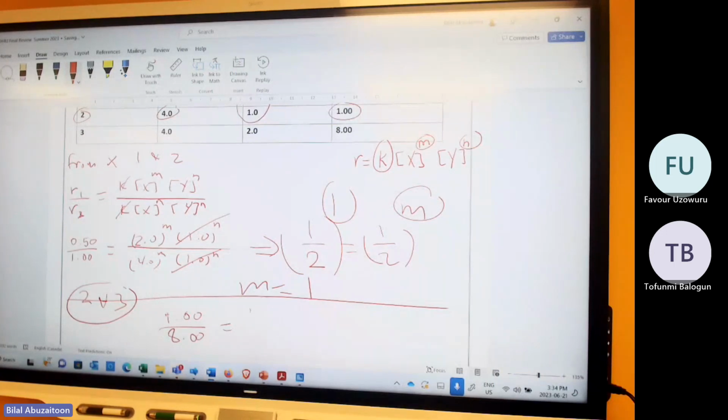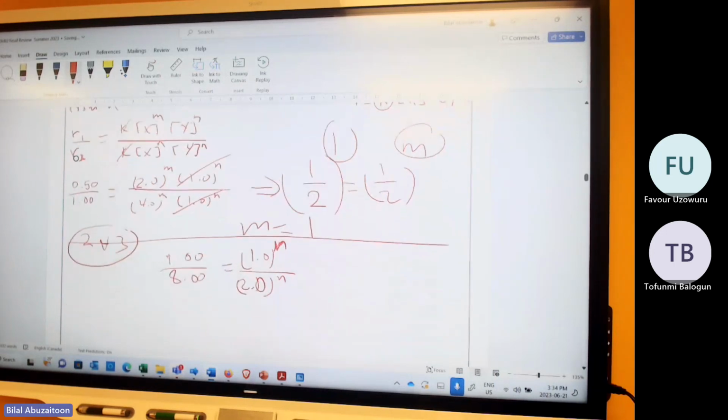So we will keep Y, which is 1 to the power of n over 2 to the power of n. So in this case, 1/8 equals 1/2 to the power of n.